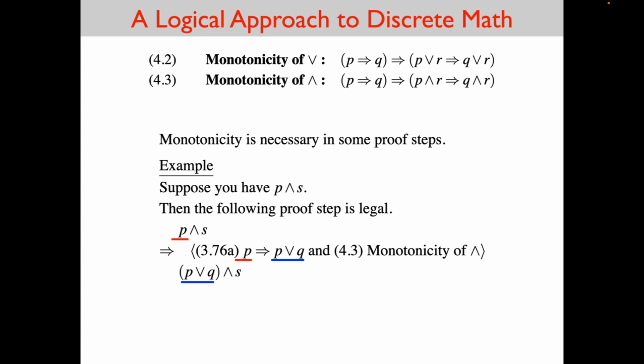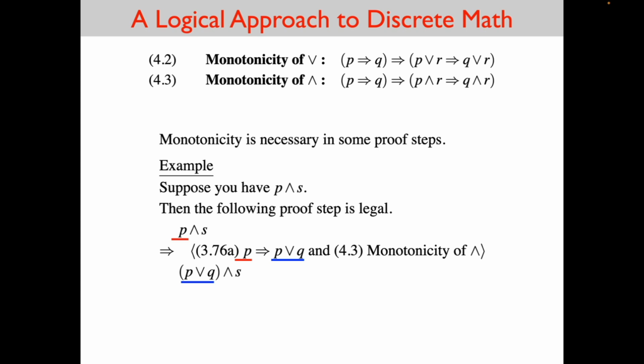But now here is the thing. We have to include this phrase in the hint, 4.3 monotonicity of and. Now why is that? That is because we have and S. So do you see that P is one of the conjuncts of P and S?